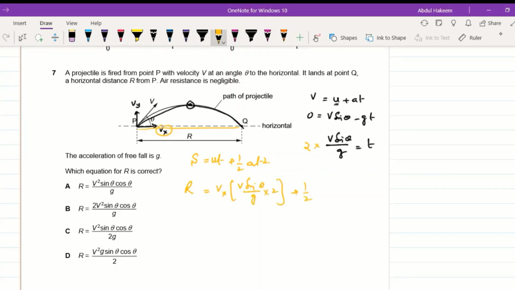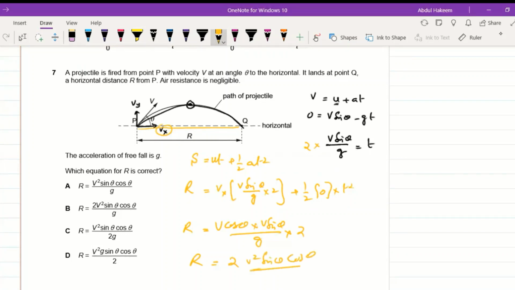The horizontal component of the velocity will remain the same, so there is no horizontal acceleration term, no 1/2 at². So R = Vx times (2 v sin θ / g) = v cos θ times 2 v sin θ over g. So R = 2v² sin θ cos θ over g. So B is the answer.